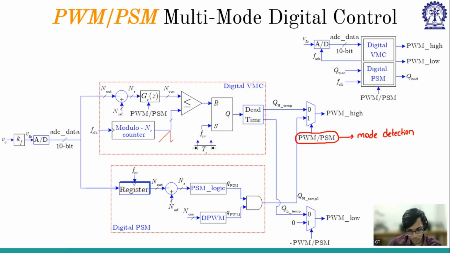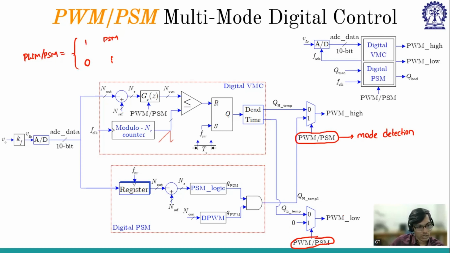So here also we have mode detection. So when we say PWM PSM, that is a single bit, and it can have 2 values, one is 1, the other one is 0. When it is 1, it means it is operating in PSM, and the PSM QH temp will be sent to the PWM high, and the other one is always 0, so 0 will be sent to PWM low.